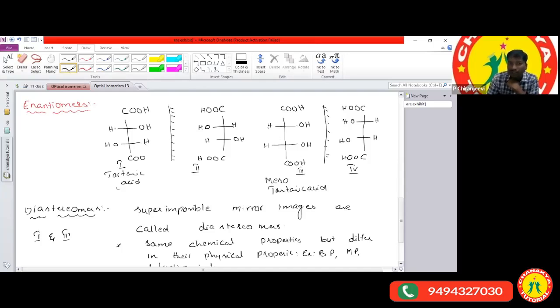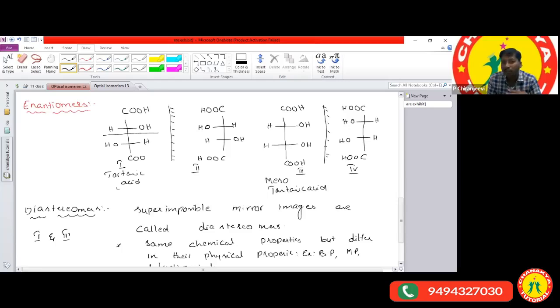In this one, first half part, you can observe now. Here also COOH, here also COOH is there. H and OH, in this one also we are having H and OH. So that means half of the structure is the same. When you place one upon another, hydrogen side hydrogen is there, OH side OH is there.